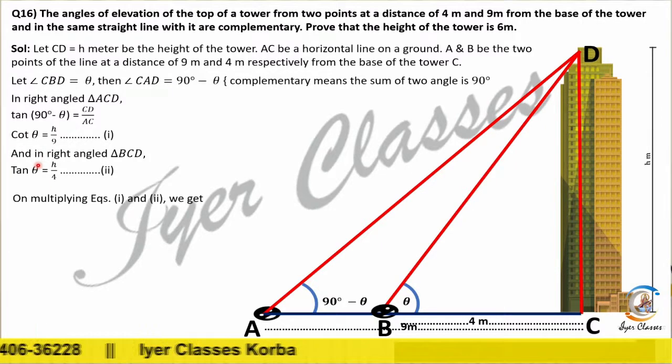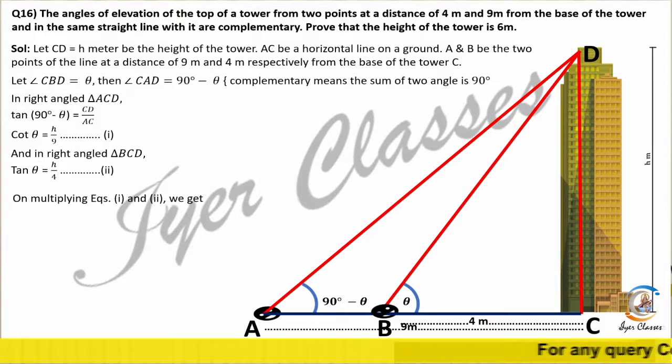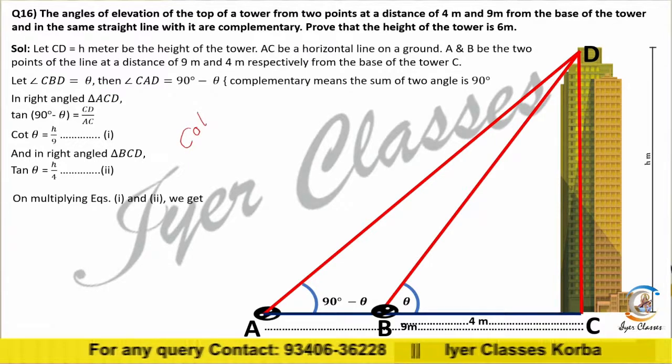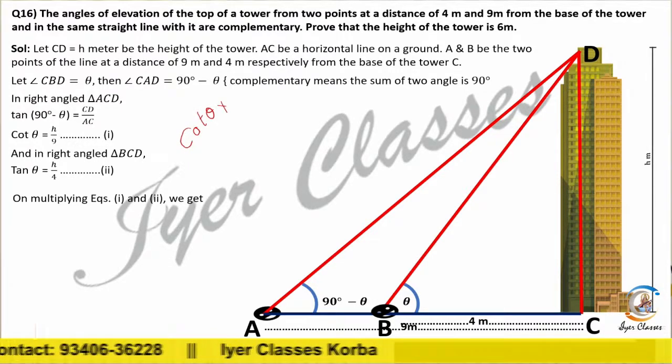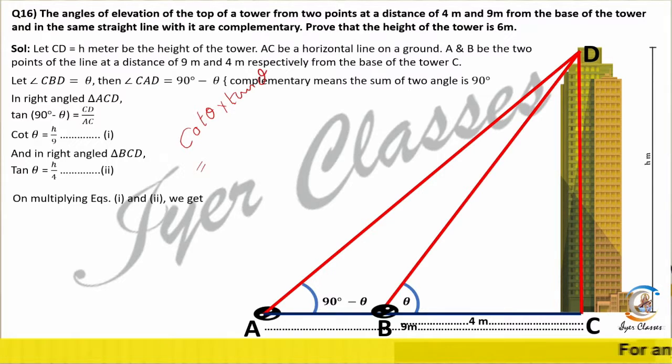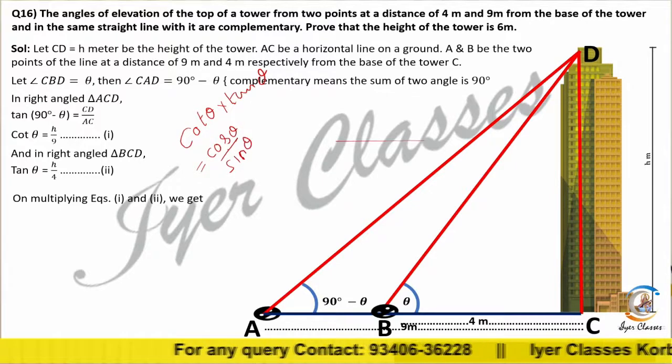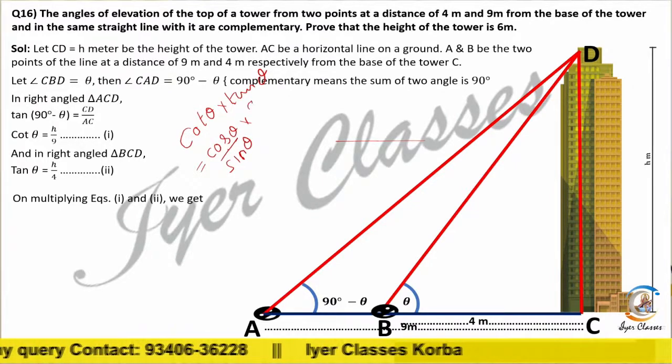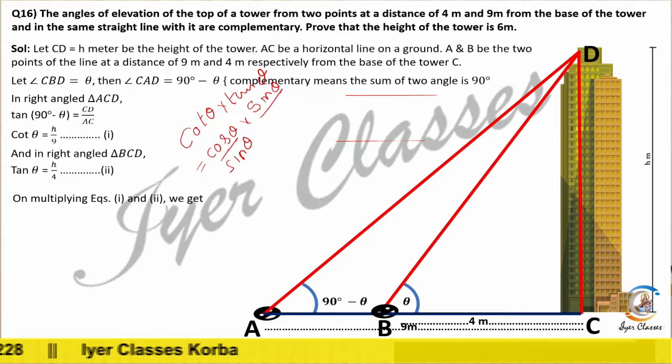Now, there is a connection between cot theta and tan theta. If you want to find the product of cot theta and tan theta, we know cot theta is equal to cos theta by sin theta, right? And tan theta is equal to sin theta by cos theta.